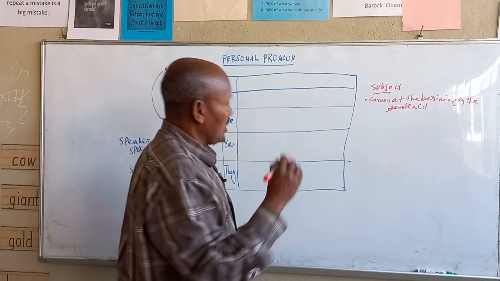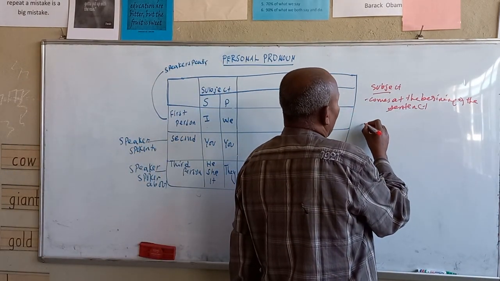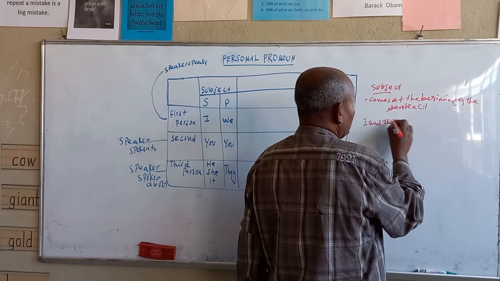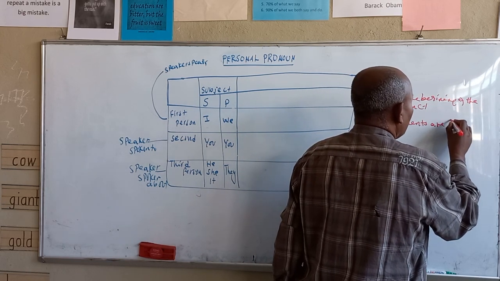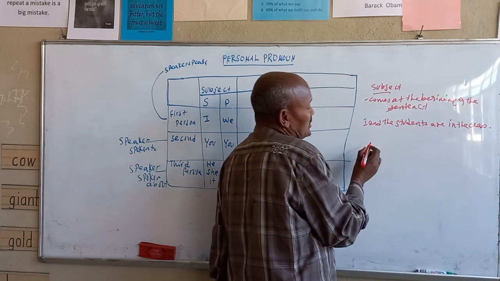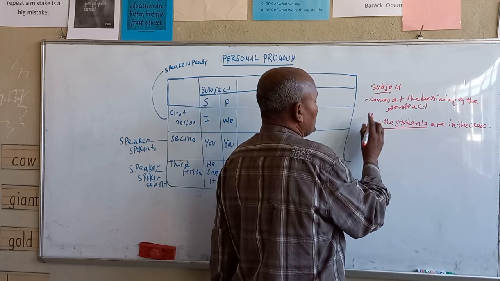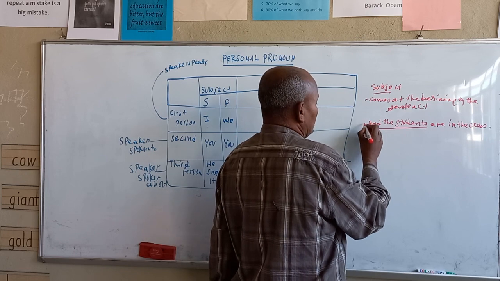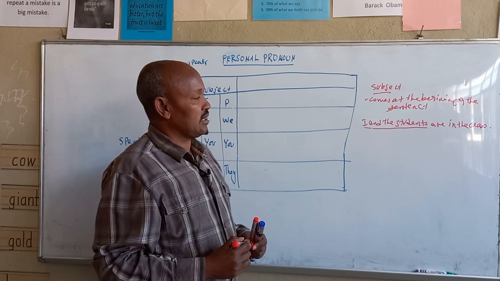Example here: I and the students are in the class. The subject here is I and the students. Or I can say that the teacher and the students are in the class.